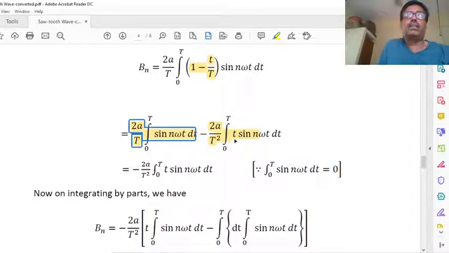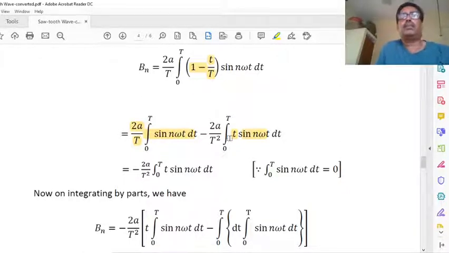Here you can see this is t and this is sin n omega t. In both terms, t and sin n omega t, both are variables, meaning both terms are under integration, and these are the product of two terms. So how to proceed? Recall integration by parts.